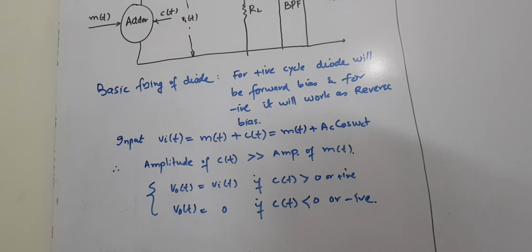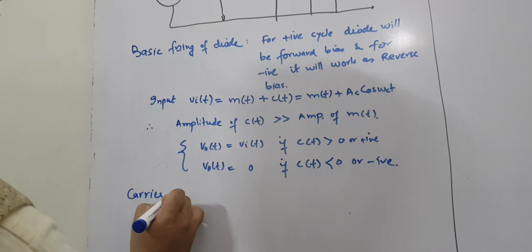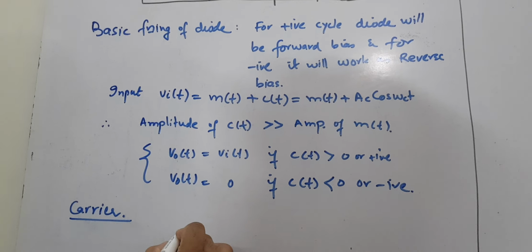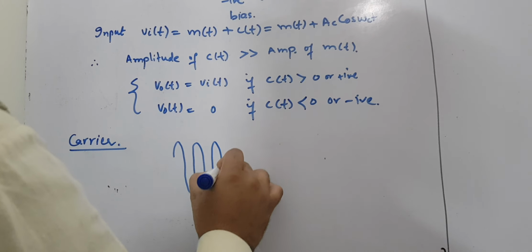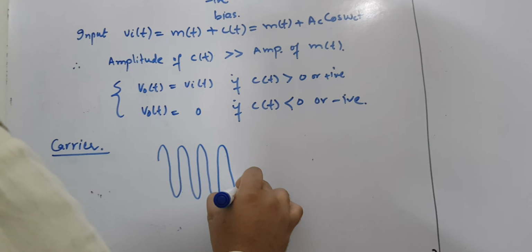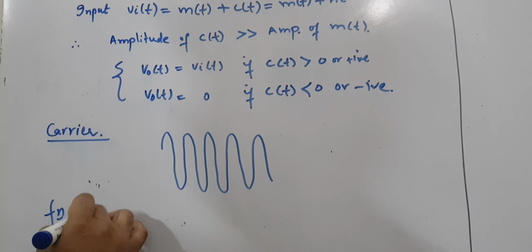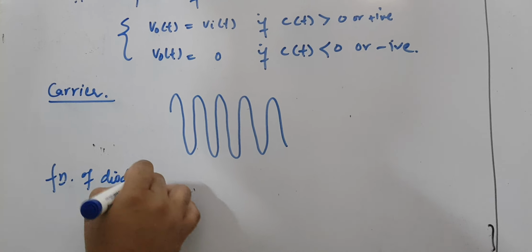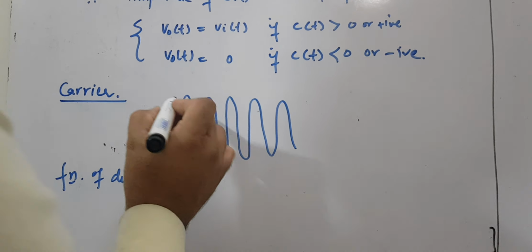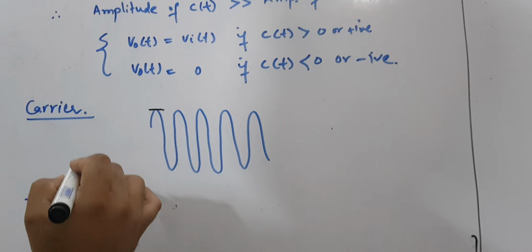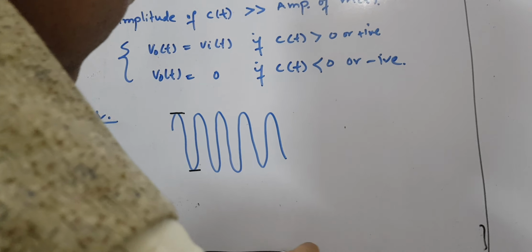We know that the carrier is something like this, and the functioning of the diode is based on it: when it is a positive value the diode is forward biased, and when it is a negative value the diode is reverse biased.